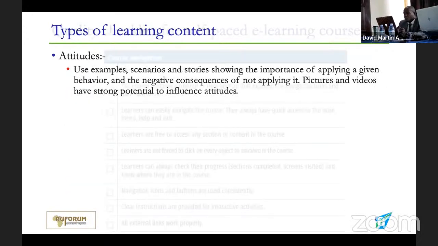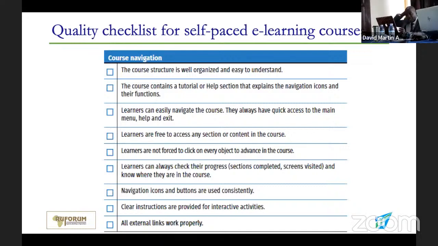There are certain things that we need to be able to tick. It's more of a checklist for self-paced e-learning courses. If you develop your course and you are done, there are certain things you need to tick and see: does my course have A, B, C, D?